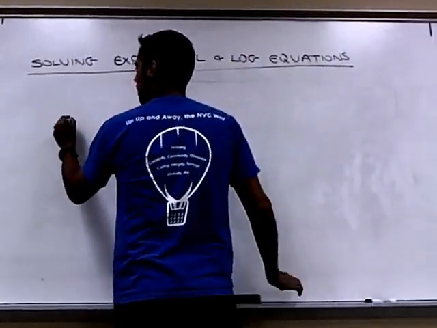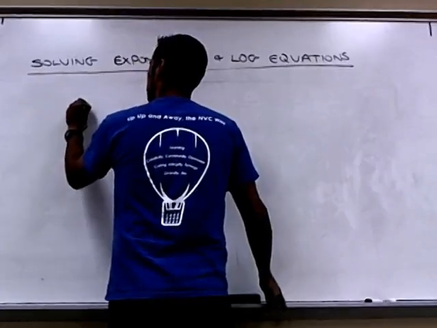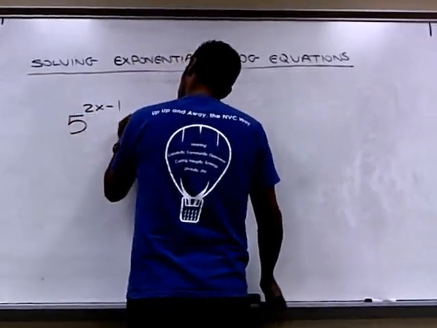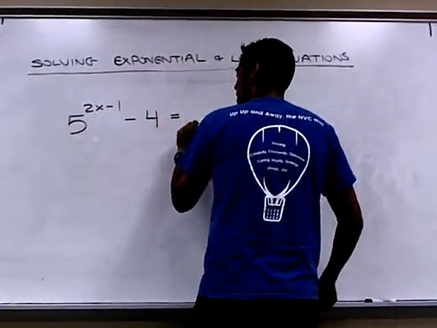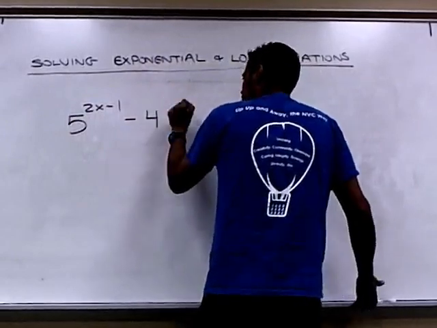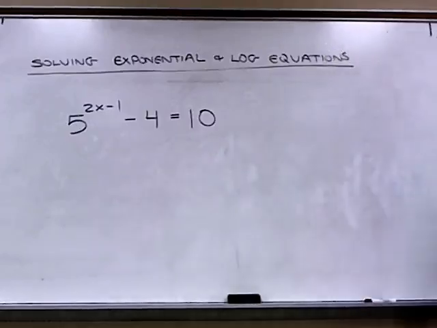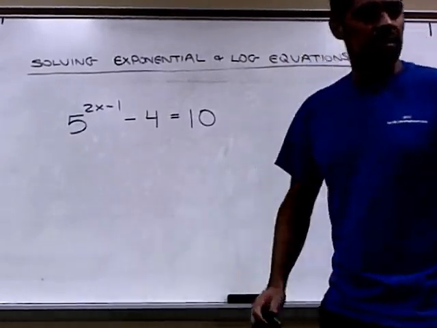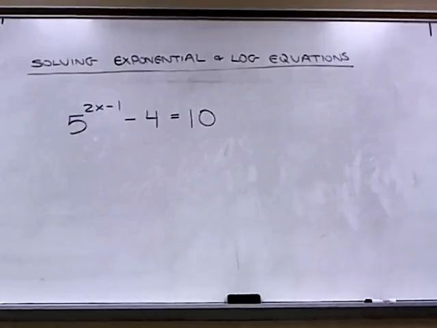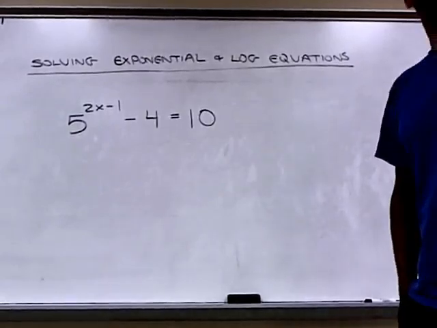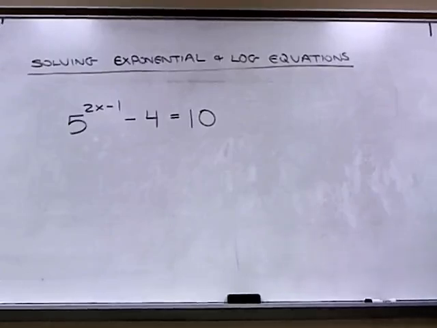Up to this point in your life, what's the big difference between this and everything that I just put up on the board? Where does your x live? It lives in the exponent, right?